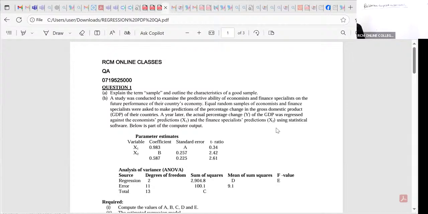So you can see GDP there is dependent on how many variables? 2, X1 and X2. The finance person's predictions, and then in this case here the economist predictions. Using statistical software, below is part of the output.